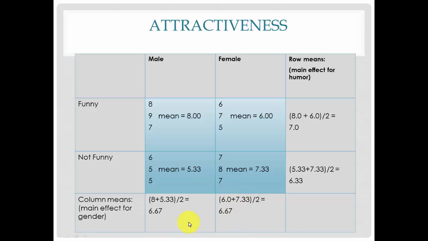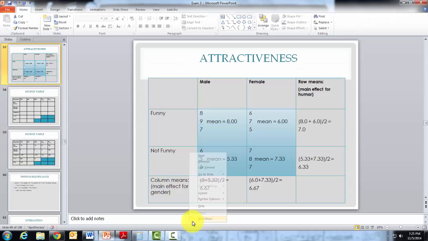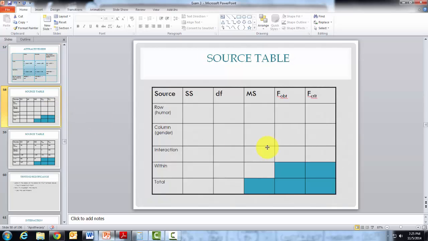All right, now I'm going to switch out of this and start to look a little bit at how we would calculate this. First, here's what the source table looks like. Okay, you can see we're adding a little bit to it. We have 3 between subjects sums of squares, 1 within, and then the total. We have 3 between subjects degrees of freedom, 1 within, and then the total.